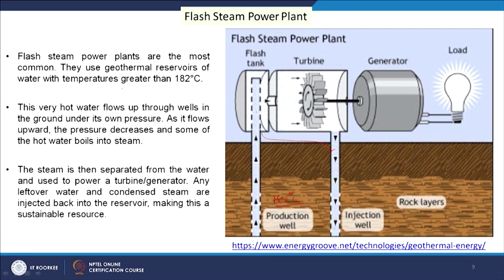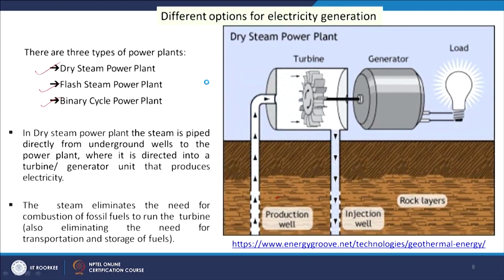The typical condition here is that the temperature is greater than 182 degree centigrade, but in the dry steam power plant it is much more, around say 350 degree centigrade.